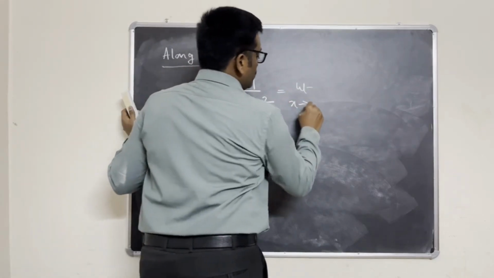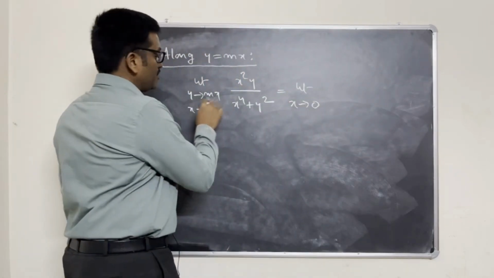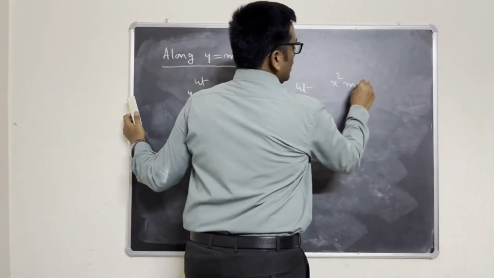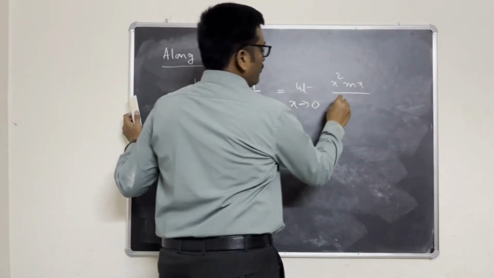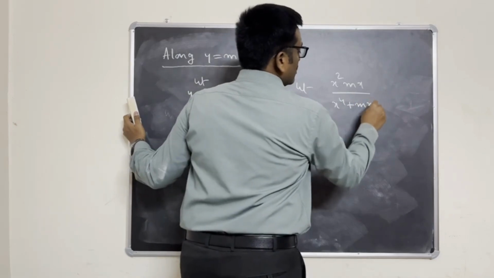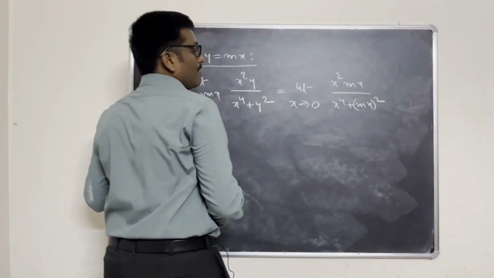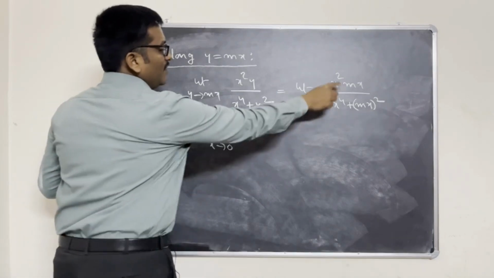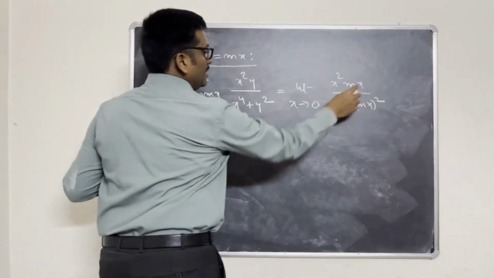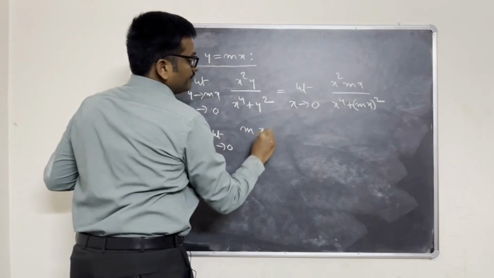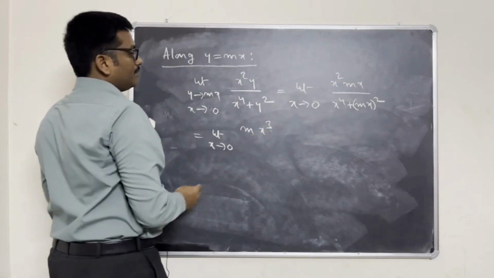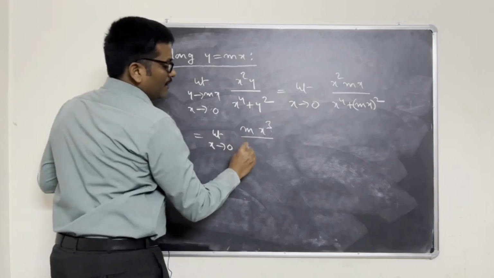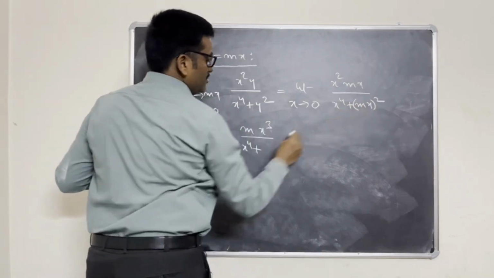We write x tends to 0 as it is and we substitute y equals mx here, x square into mx by x power 4 plus mx whole square. So limit x tends to 0, we simplify this, x cube we get in the numerator. In the denominator, we have x power 4 plus m square x square.